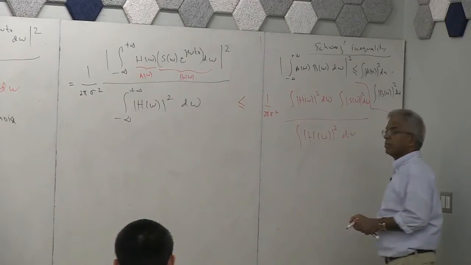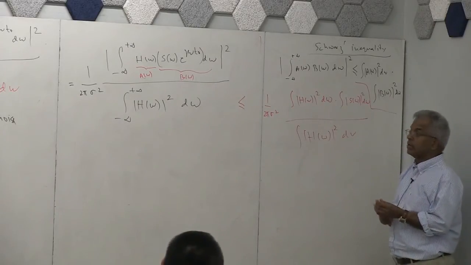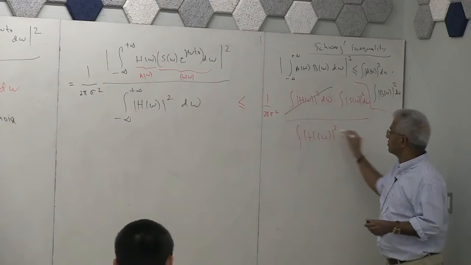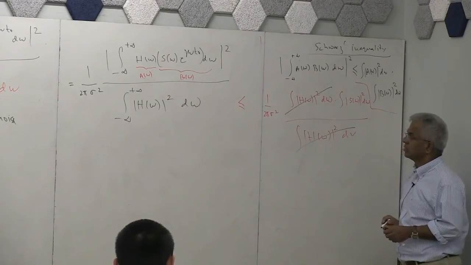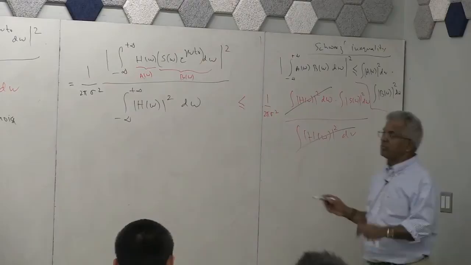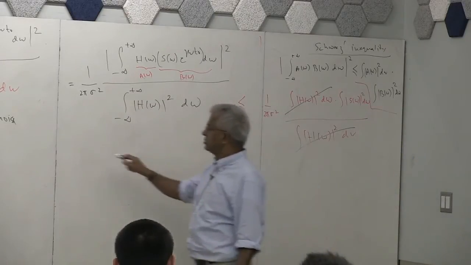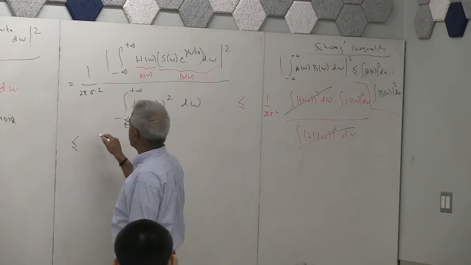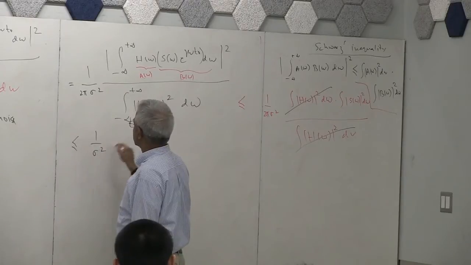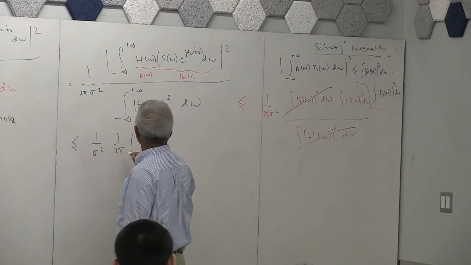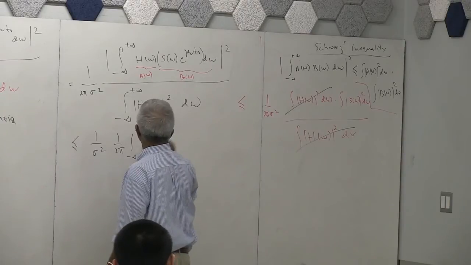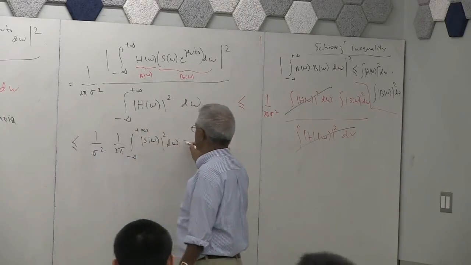So what happens now? Anyone? You see this term cancels off. H is gone. So what we wanted to maximize is less than or equal to 1 over sigma squared times 1 over 2 pi, integral from minus infinity to plus infinity of |S(omega)| squared d omega. What is this quantity?